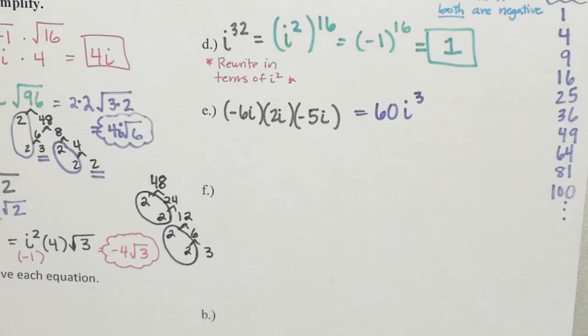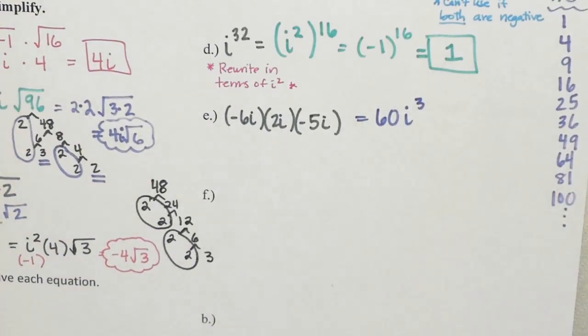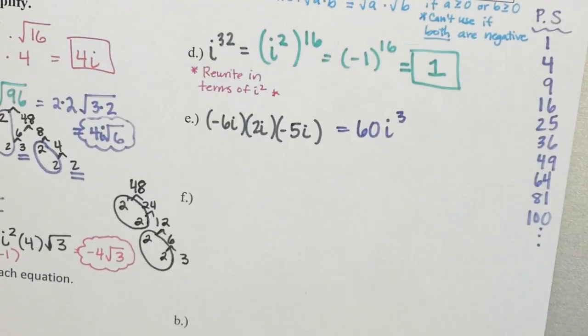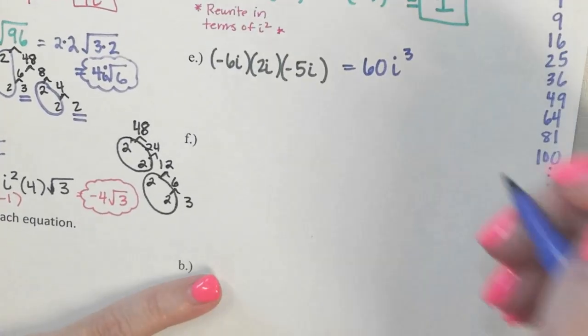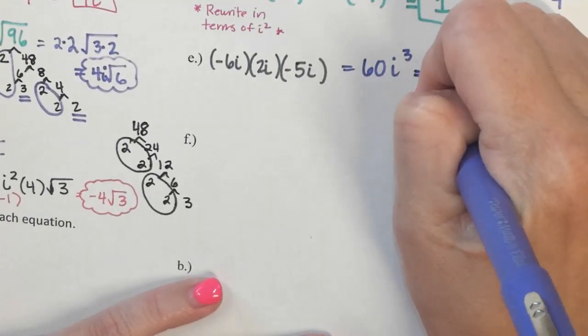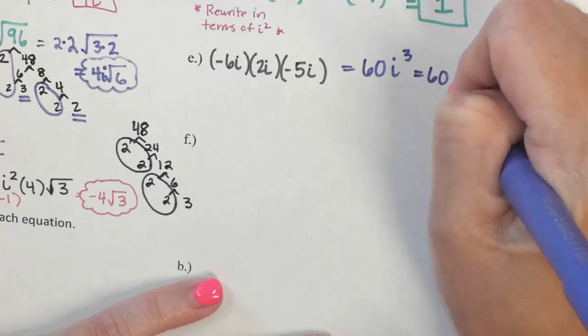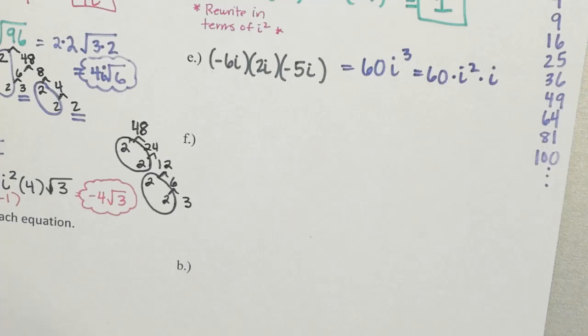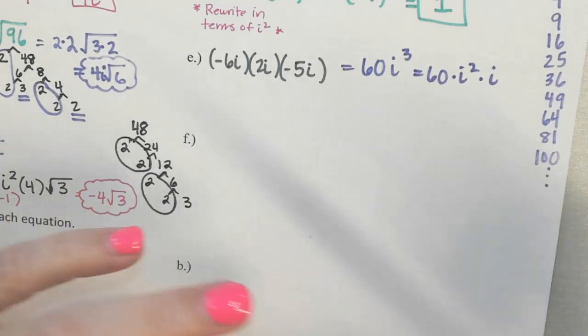Okay, great. And then again, you are just going to write this in terms of i squared. Okay, or if you can remember that i cubed is -i, you could absolutely use that. Okay, so if you think of this as 60 times i squared times i, again, you're just plugging in that -1.